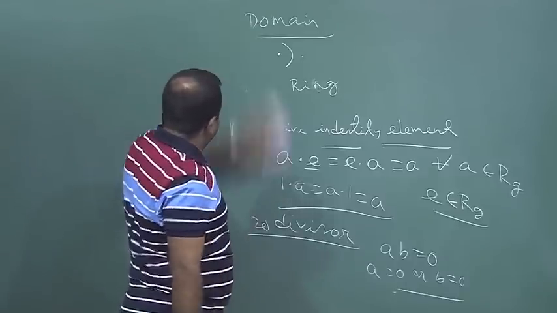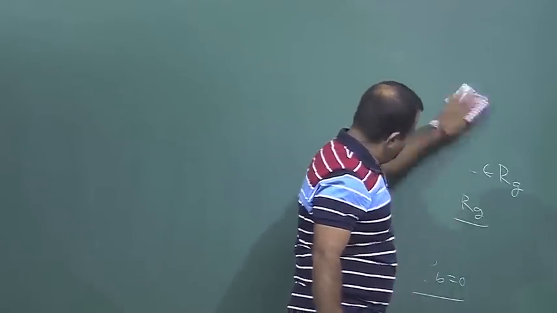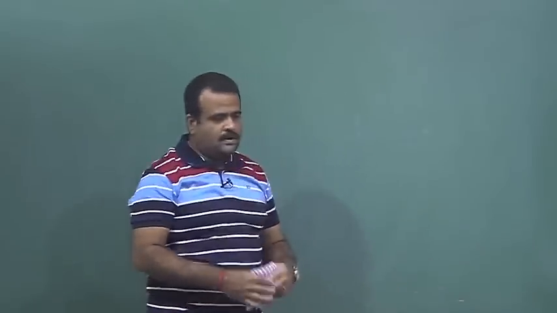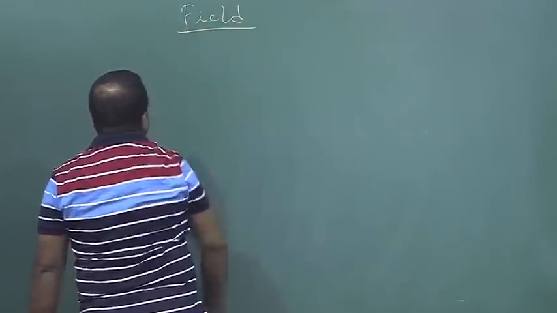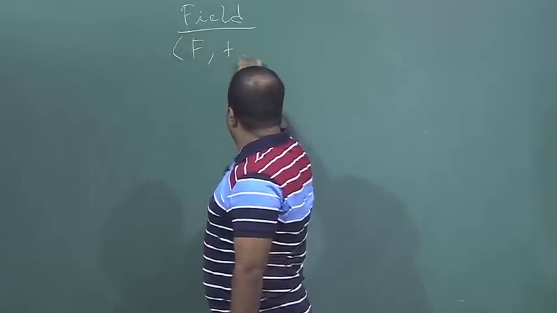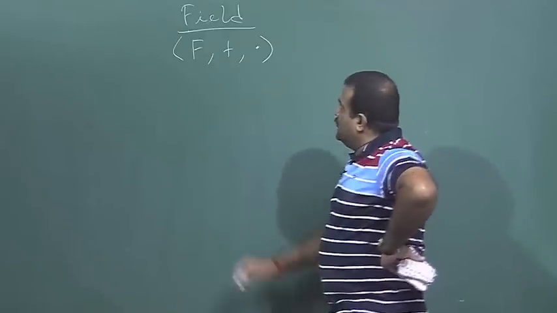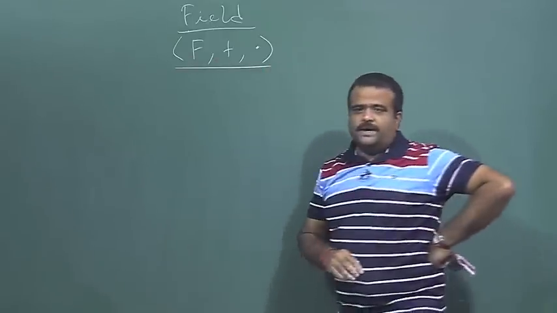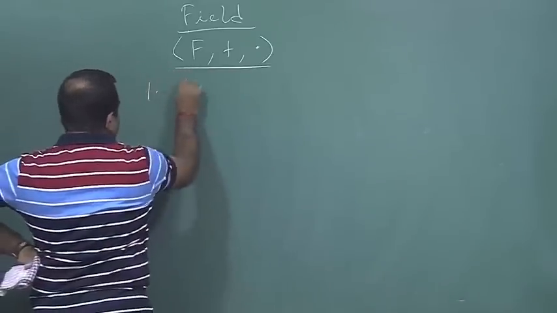Now, we will talk about field. A field is also an algebraic structure. Here also we have a set, and we have two operators, plus and dot, and it must satisfy some properties. First of all, it has to be an integral domain.